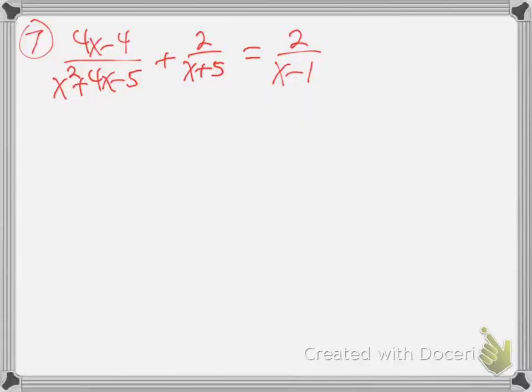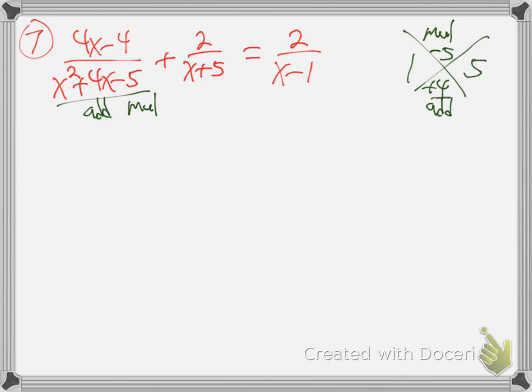Okay, so we need to factor this denominator. If you do the diamond on it, you know what multiplies to be minus 5 adds to be 4. What times what is 5? 1 times 5. How do you get it to add to be plus 4? The sign in the bottom goes in the bigger.